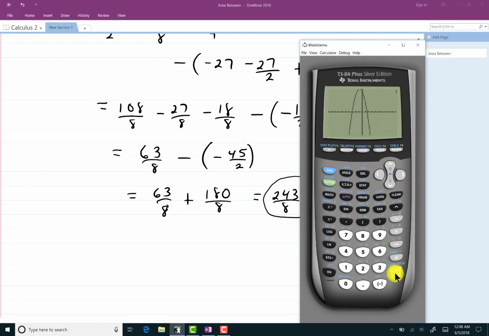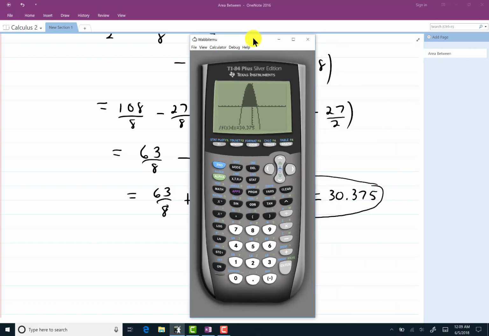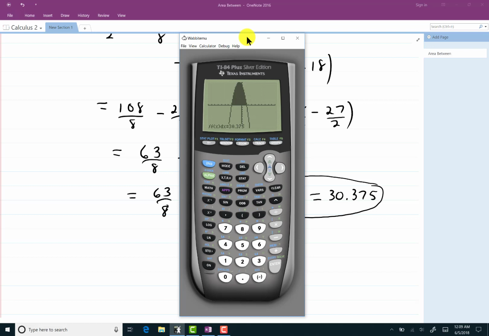Enter. And you'll see that it puts a shading underneath the curve to let you know what it has found. And look at the answer, 30.375, which if I look back to our answer, that's exactly what we got. So you can use your calculator to help you solve these. Even if you're required to give an exact answer, you can use your calculator to help you verify that answer.